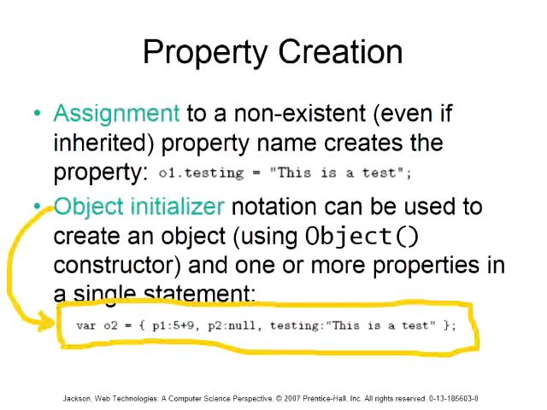In the second example, when we write var o2 equal p1: 5 plus 9, p2: null, testing: "this is a test", we create a new object. How many properties does this object o2 have? Three, good. The first property is p1, the second one is p2, and the third one is testing.